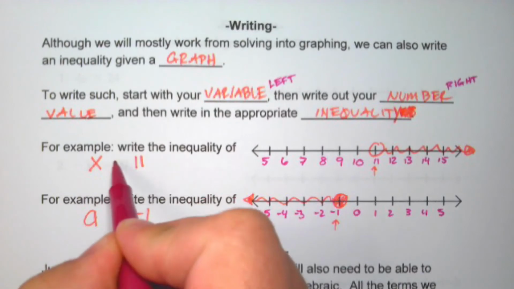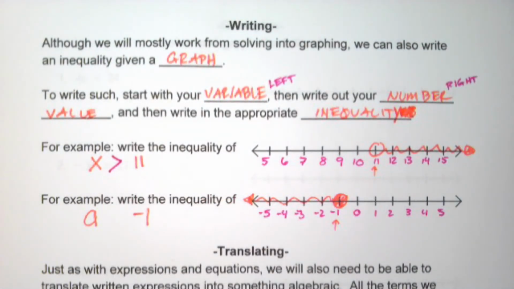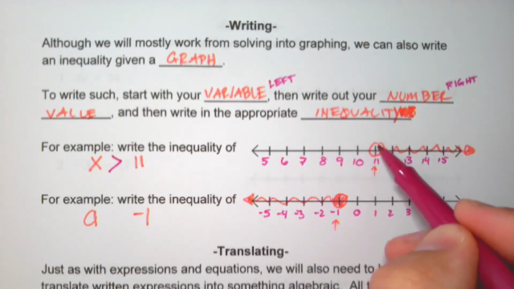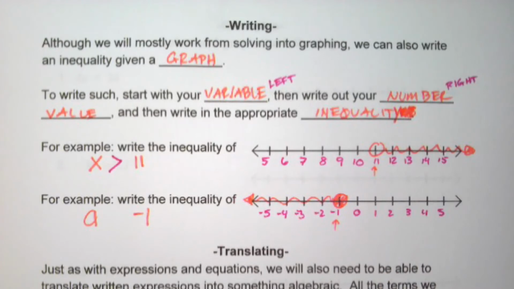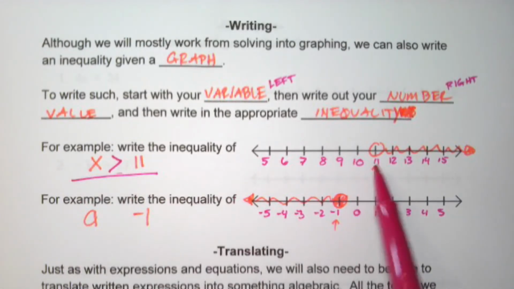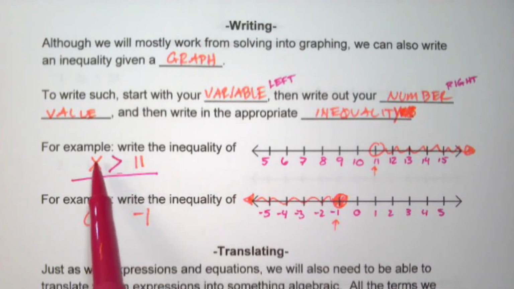So we want all the x values greater than 11. But then we need to just make sure open circle, if you remember from that last page, means we don't have that or equal to. So for our first example, we're done. Variable left, value we're comparing to on the right. We want everything greater than that value, so it's going to open towards what we're looking for.